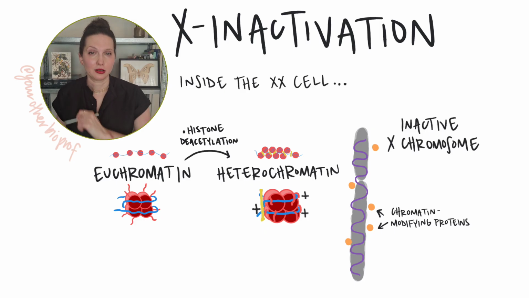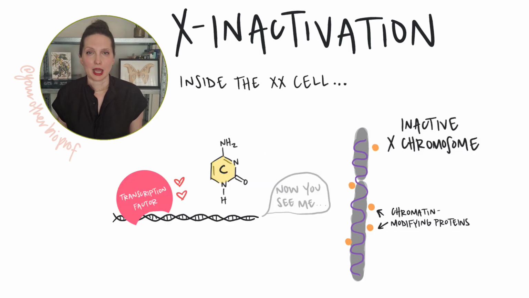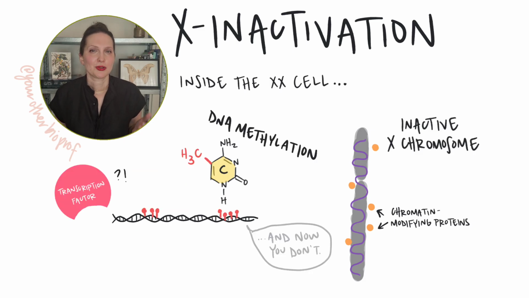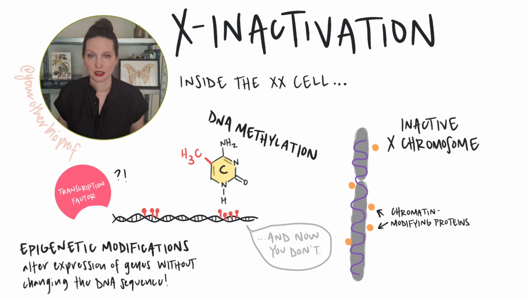To really lock it down, many regions of the DNA are methylated. Enzymes add methyl groups, especially to the C bases, cytosines, so that DNA couldn't be bound by transcription proteins anyway. These are epigenetic modifications, altering expression of genes, here we're silencing them, without changing the DNA sequence itself.